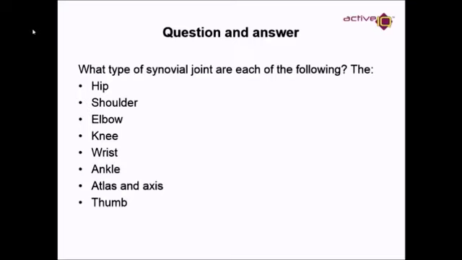We have the hinge joint at the elbow and the knee. The wrist and the ankle, we have the ellipsoid joint. Atlas and axis, that's where we have our pivot joint, allowing us to rotate. And then we've got our thumb, which is the saddle joint.